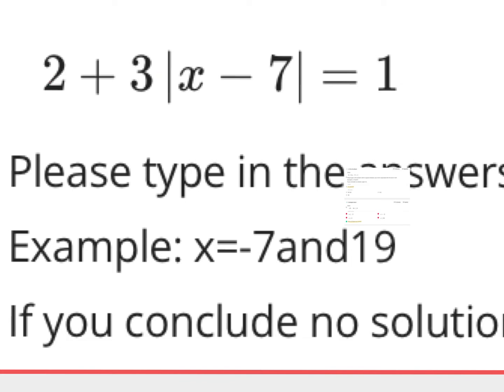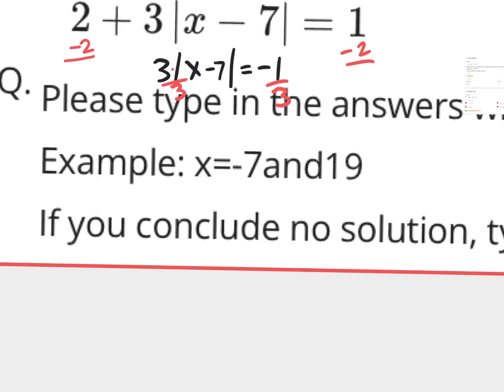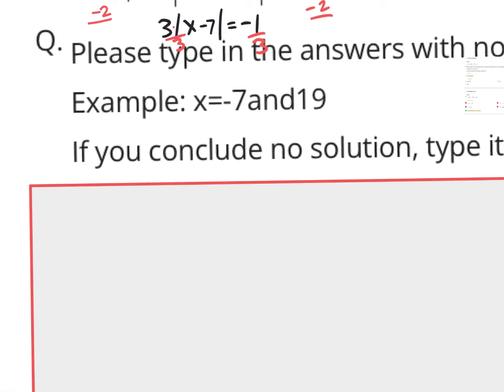So let's get rid of that 2 by subtracting 2. What you do to one side, you do to the other side. You will have 3 absolute value, x minus 7, close absolute value, equals negative 1. And then for your final step, you'd have to divide by 3, and we now have our isolated absolute value equation.